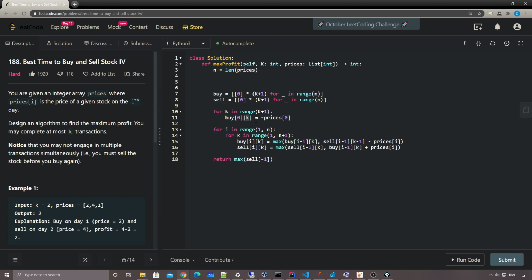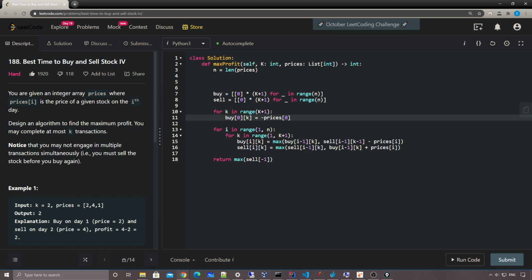Even though at the first day we cannot make k transactions, later on we'll be using buy[0][k] and looping through all the possible k. That's why, besides buy[0][0], we also need to initialize all the values for buy[0][k].